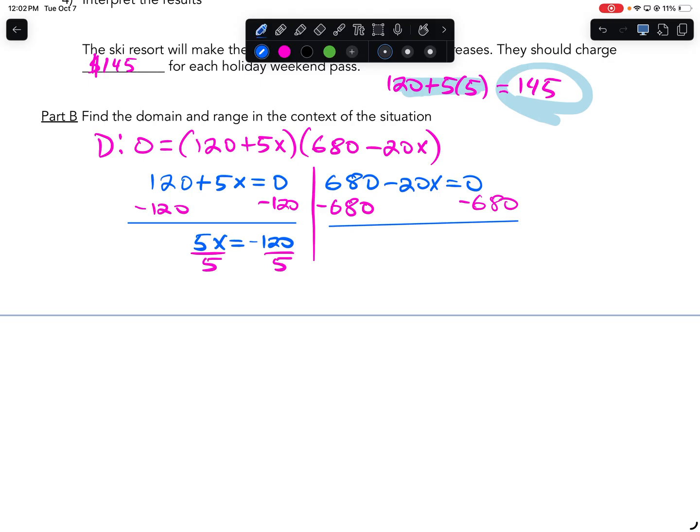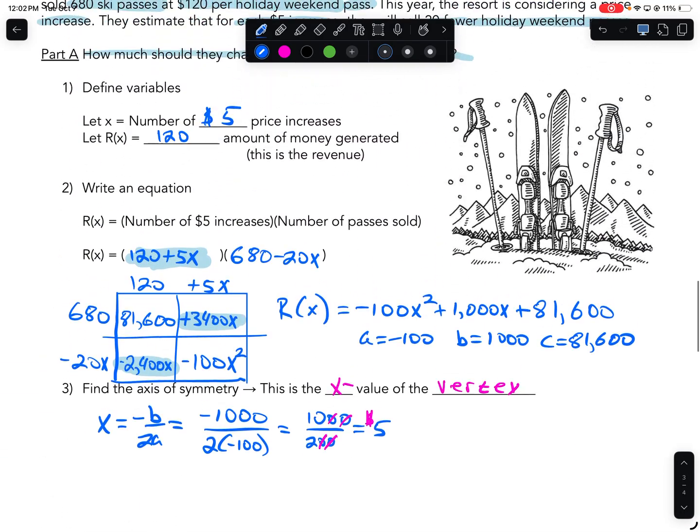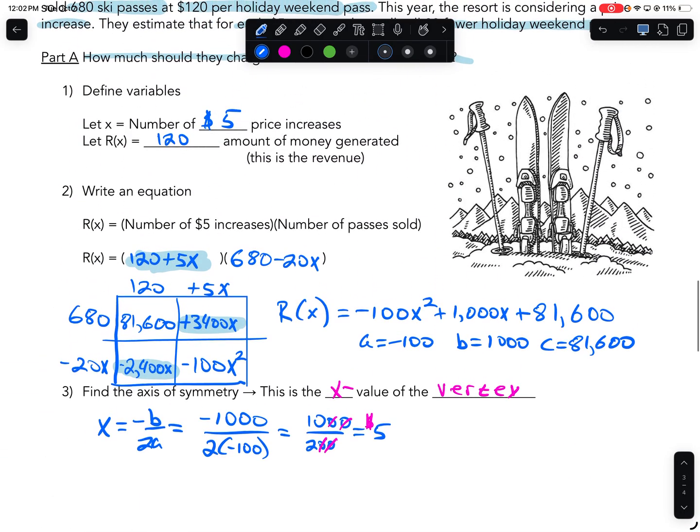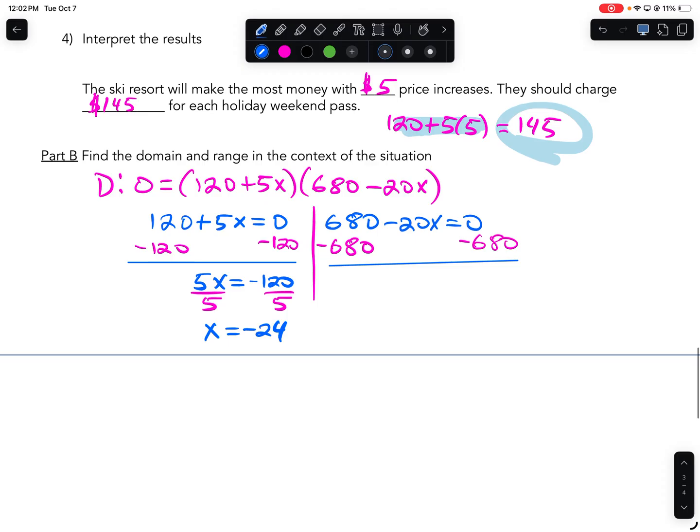Negative 120 divided by 5 is negative 24. Does that make sense? Could x be negative 24? Can we have negative 24 $5 price increases? That doesn't make sense, right? So that is extraneous, which will happen a lot when we do these real world problems. One of the x values work, the others won't.